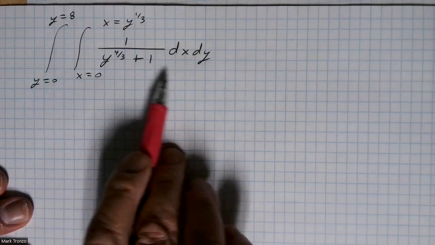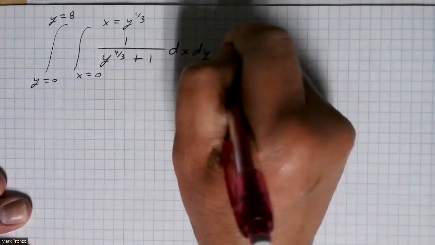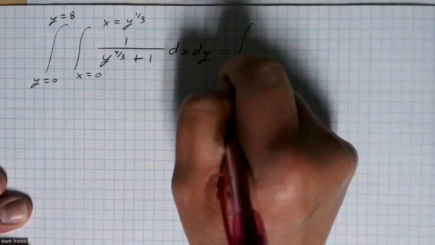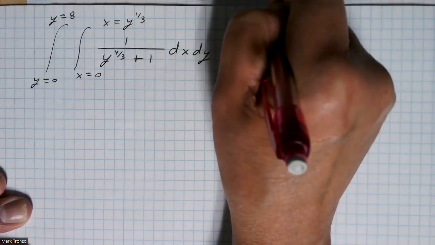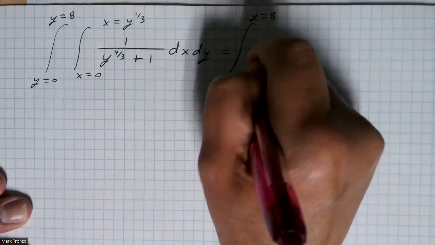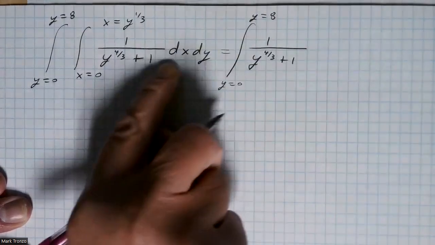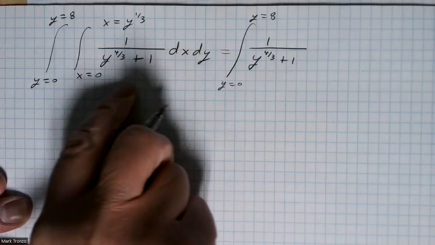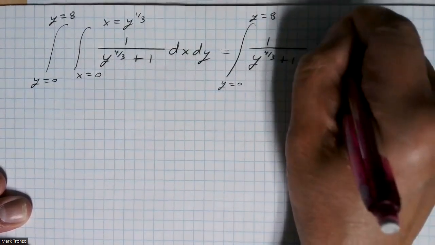So I rewrote this here. So let's see what happens. Integrate with respect to x first. That's going to give us 1 over y to the 4/3 plus 1. And then we integrate with respect to x, keeping y constant, so it's just going to give us x.